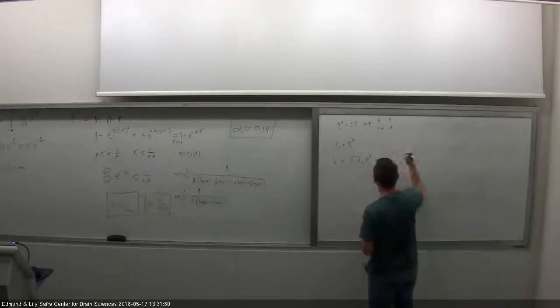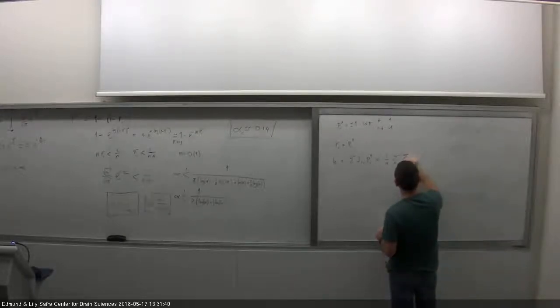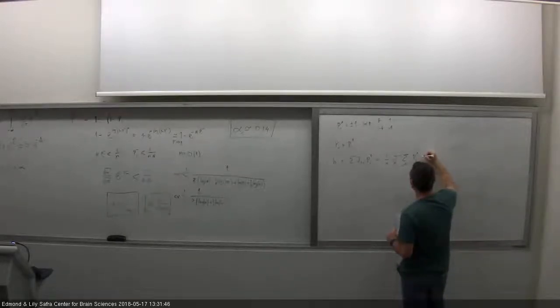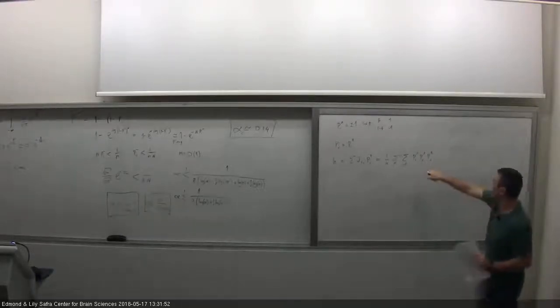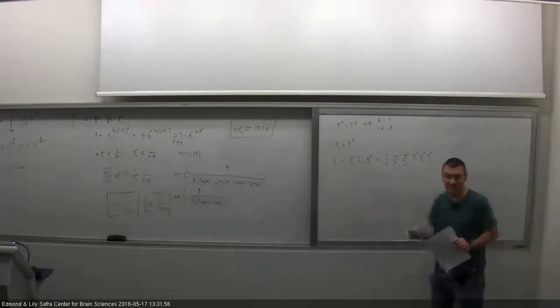This is equal to 1 over n, we have the sum over mu, the sum over j not equal to i, xi_i^mu xi_j^mu xi_j^1. This is J_ij, and this is the same xi_j^1 as before.